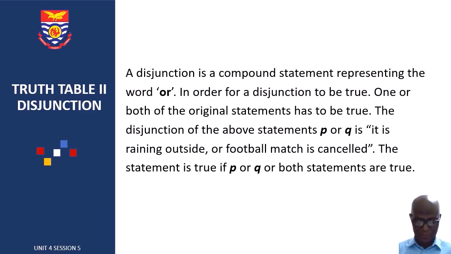Example, if the first statement is Kofi is a student and the second statement is Amma is in Form 3, then the two statements may be combined by using or as Kofi is a student or Amma is in Form 3.